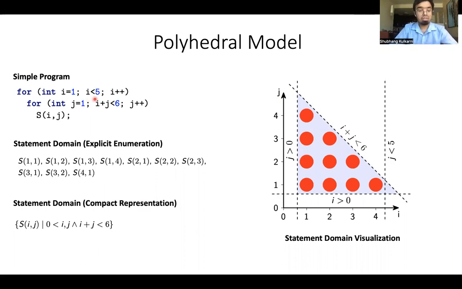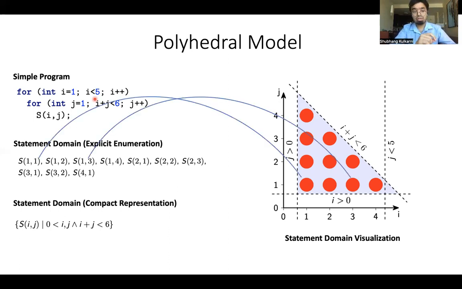A visualization of these inequalities tells us that the statement domain can be represented as a polyhedron. Every point in the statement domain corresponds to an integral point in this polyhedron.